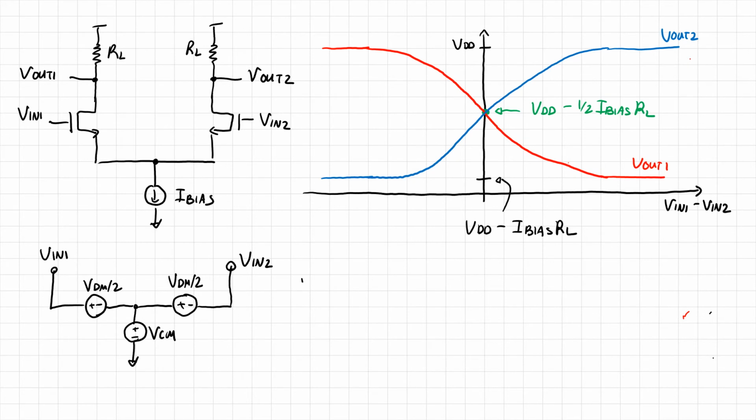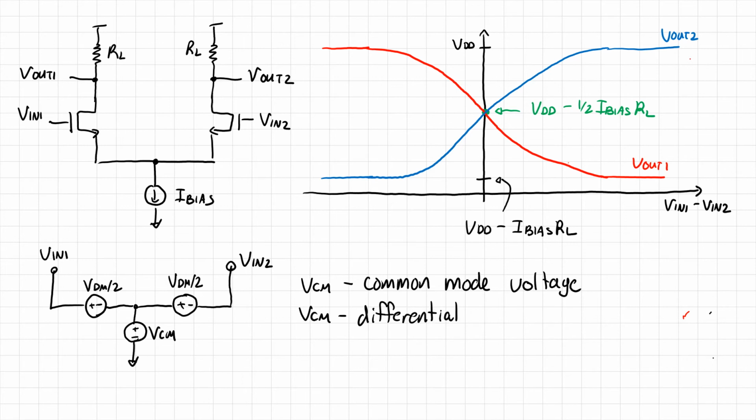So we say here that VCM is the common mode voltage. VDM is the differential mode voltage, or the differential signal.